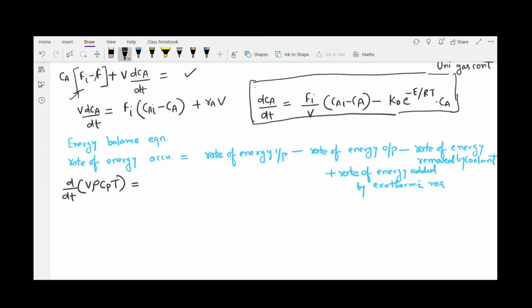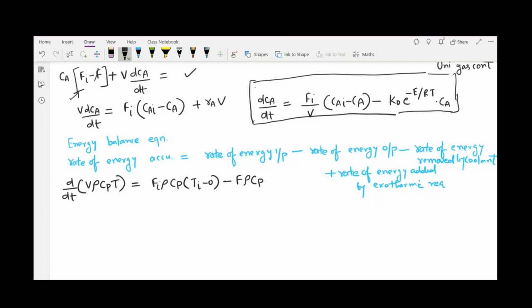Okay, so rate of energy input: this is the volumetric flow rate Fi, then rho, then heat capacity Cp, and then Ti minus the reference, which is 0. So Ti is the temperature at the inlet. Similarly, we can write for the outlet also, F rho Cp.